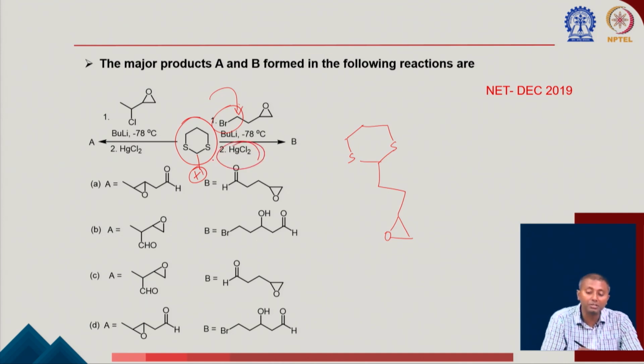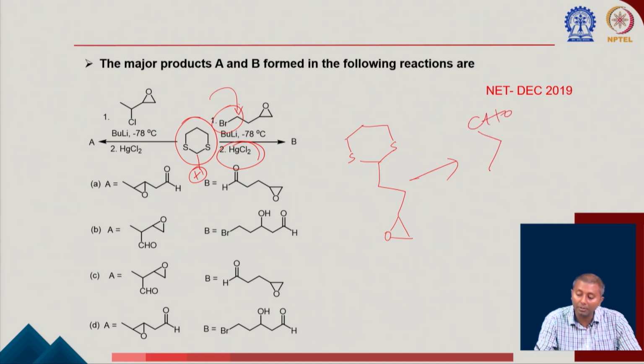If you remember, we use AgCl2 to remove the dithiane and get back to the corresponding aldehyde. So if this happens, then you will get back to the aldehyde, so this will be your product. So B will be this is the B.